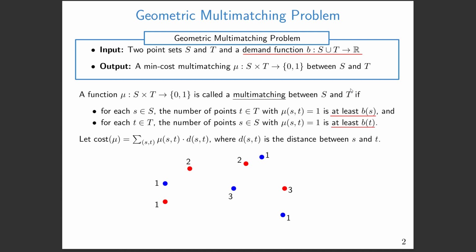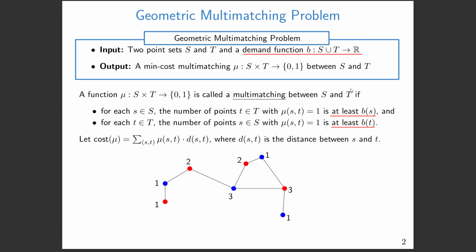And the cost is defined in a similar manner. So here is an instance where red points, blue points, and a demand function for each vertex are given. And this is the resulting multi-matching solution. You can see, for instance, that the blue point in the middle is connected to 3 red points.